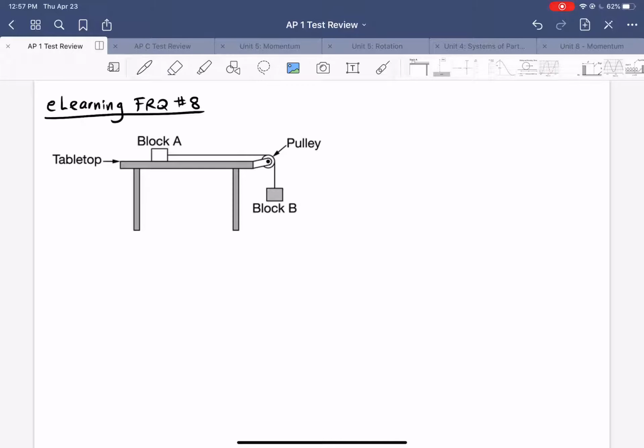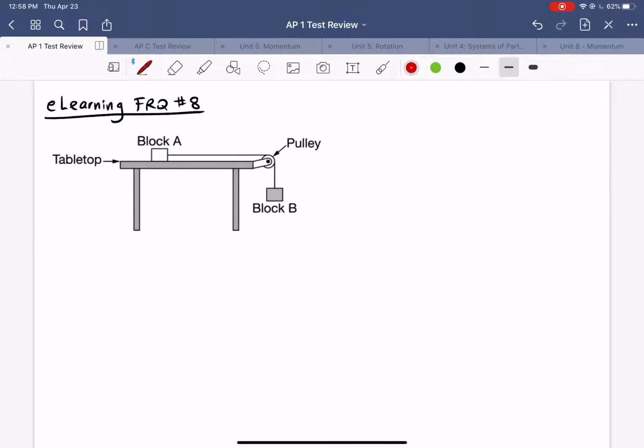All right, so we have a number of different questions to deal with here. A lot of them are really qualitative only, but there is some quantitative stuff towards the end. So this is a perfect example of a type of FRQ question that you're going to see.